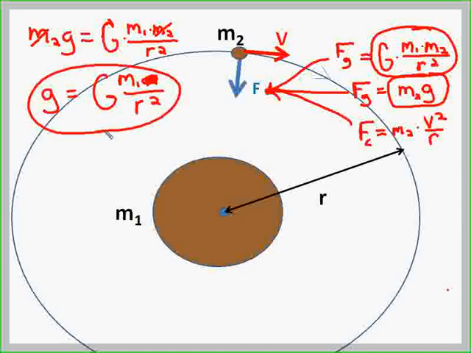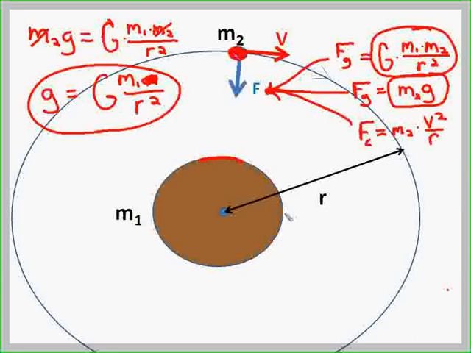So if I want to know, hey, the acceleration due to gravity down here is 9.81 meters per second squared, but what's the acceleration due to gravity way up here? Not a problem.